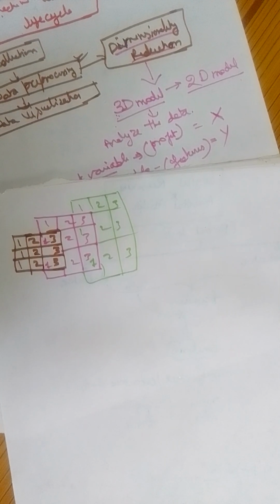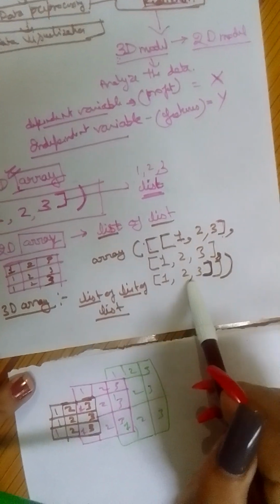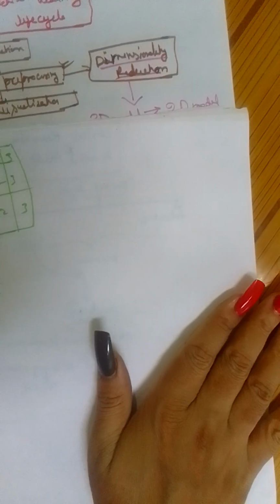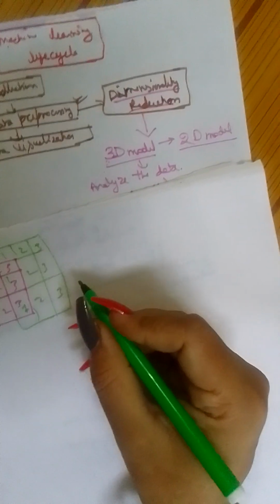So I will not write here again and again to let you understand how we'll write this thing under 3D. You people now would have common sense that if we want to write this thing in Python language, how we will write it. All the students should know how we will write this thing in a 3D array.